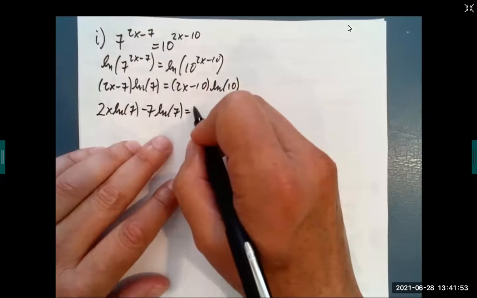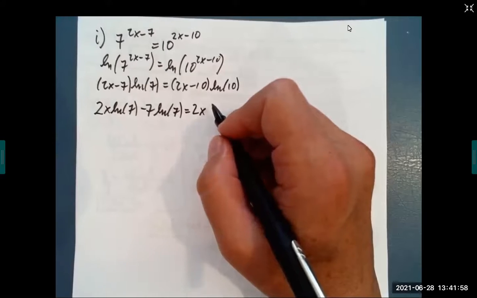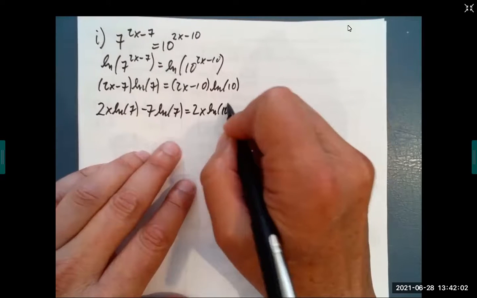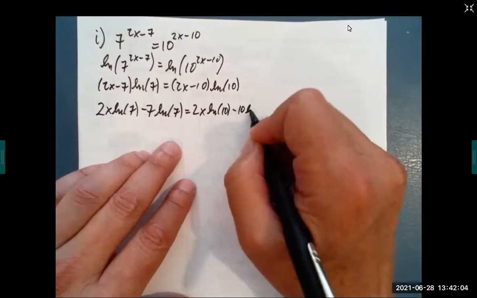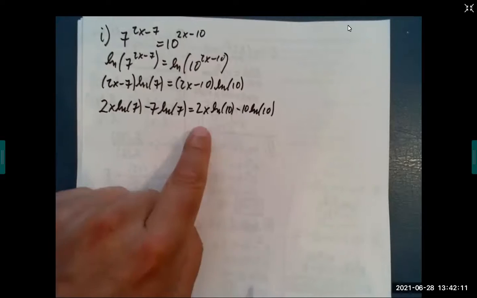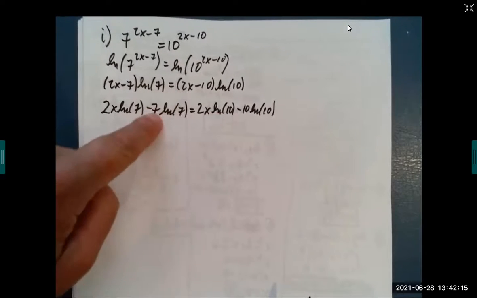Both 2x? Indeed they are. Ln of 10 minus 10 ln of 10. Next up, what I'm going to do is move all the x terms to the left and the non-x terms to the right. So I'm going to move this whole term here this way, and I'm going to move this whole term that way.